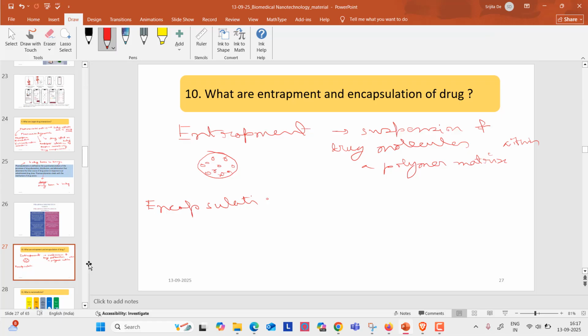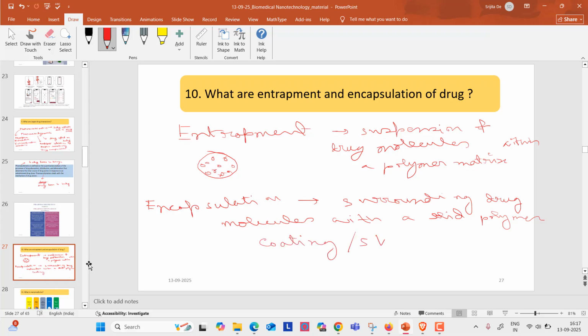The next one is encapsulation. It is the coating or surrounding of drug molecules with a solid polymer coating or shell.